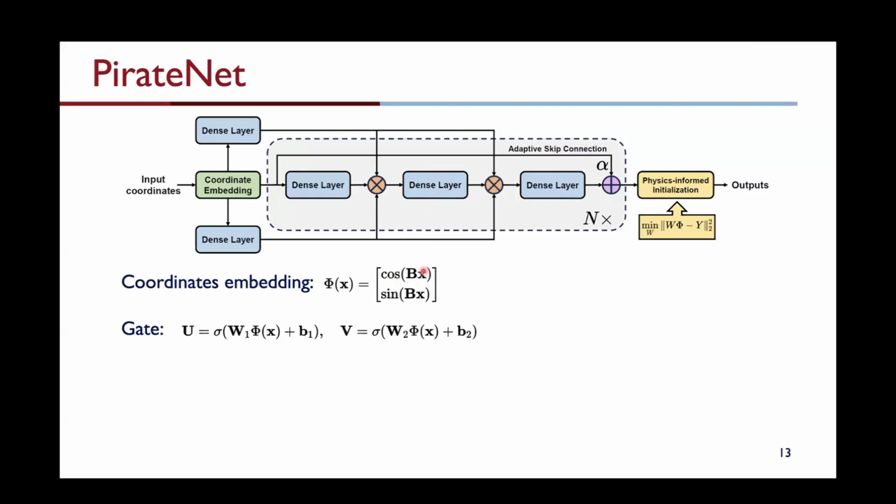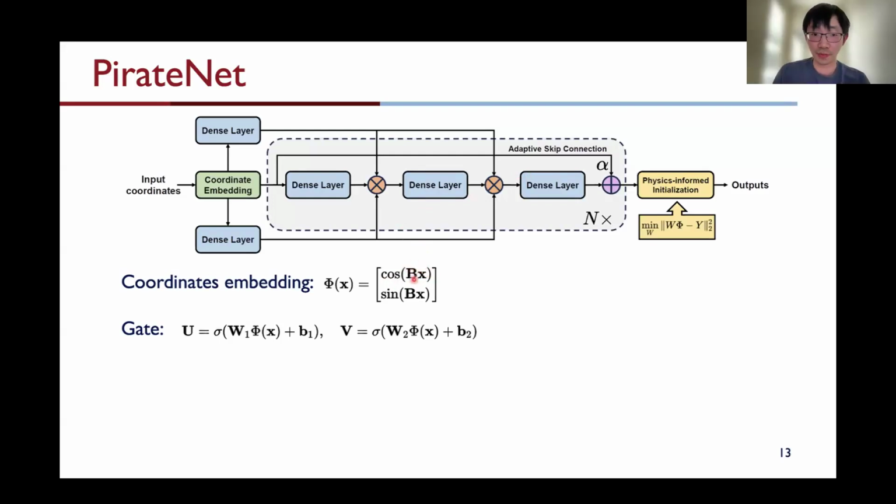Yes, thank you for this question, but here B is sampled from a random basis. They are not from fixed frequencies, so it doesn't really exactly encode certain periodic boundary conditions. Of course, there is such a tendency.